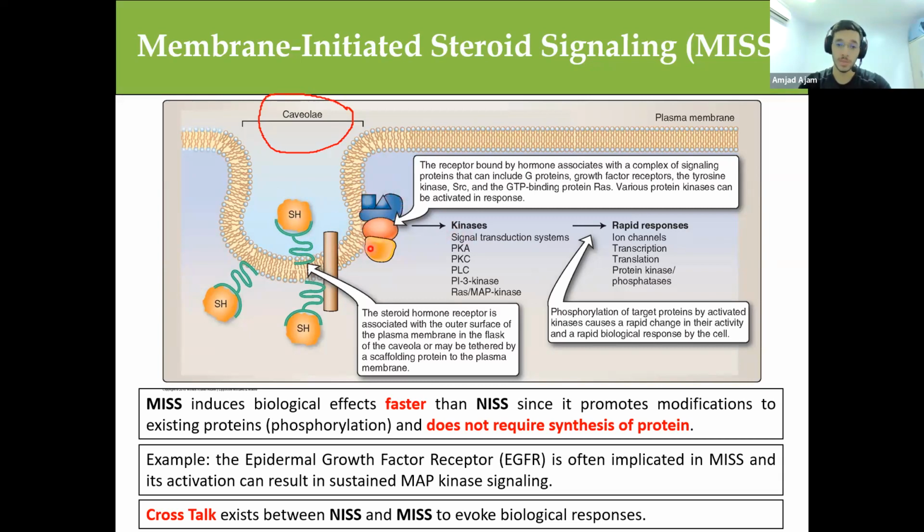So once those are activated, they will activate kinases, including protein kinase A, C, phospholipase C, MAP kinase, and so on. Once those are activated, they will phosphorylate targeted proteins or molecules that will induce a rapid response.